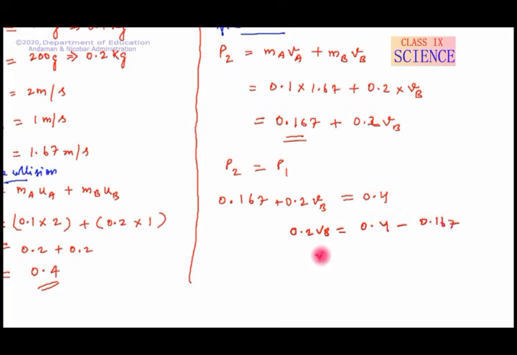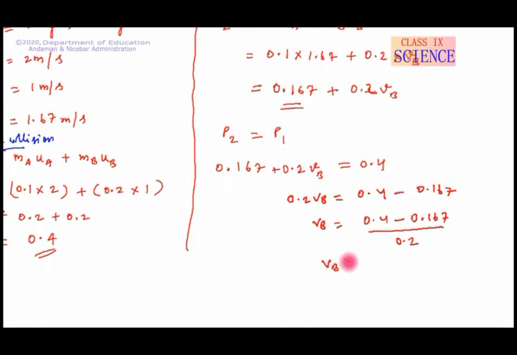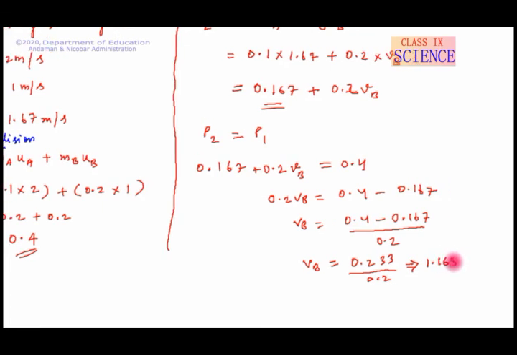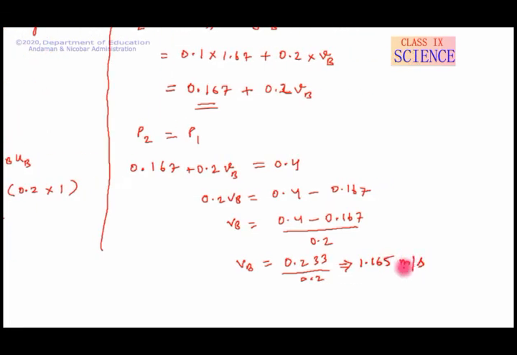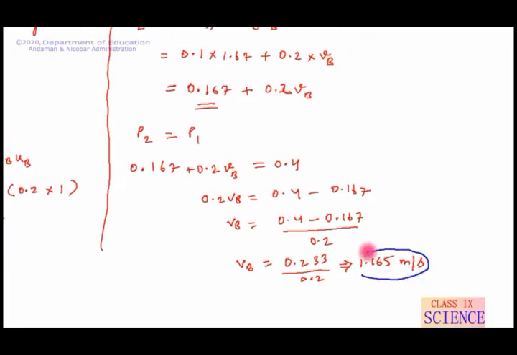So here VB is equal to 0.4 minus 0.167 divided by 0.2. On subtracting this, we will get VB is equal to 0.233 divided by 0.2. Finally, we will get 1.165 meter per second. So this is our required answer.